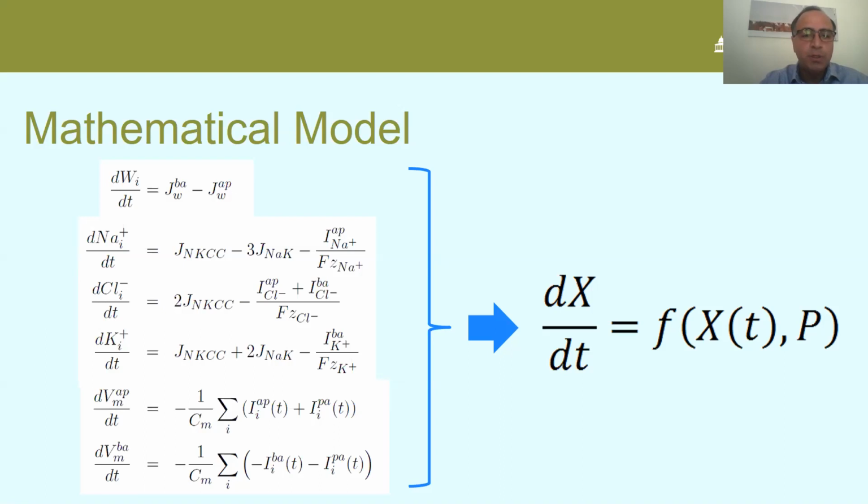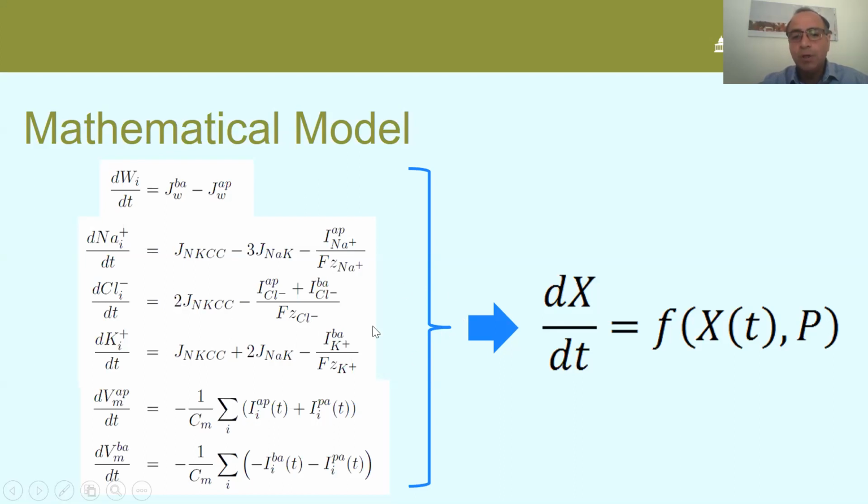So we wrote mass balances for various components that exist in the cell, for example, the sodium, the chloride, the potassium, the voltages, and so on, and the cell volume. The model is actually much more complex than you can see here, and I'm just giving you an overview.